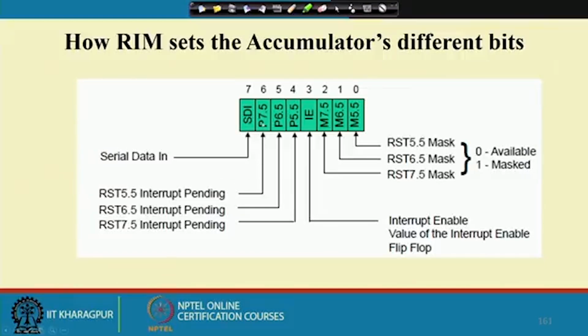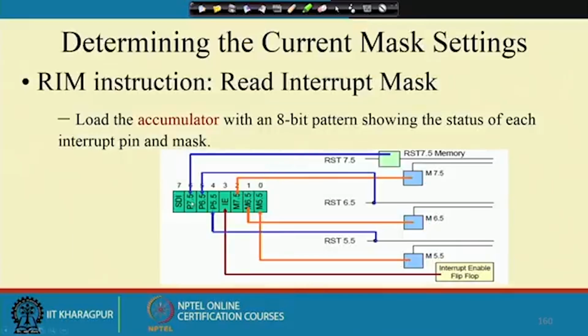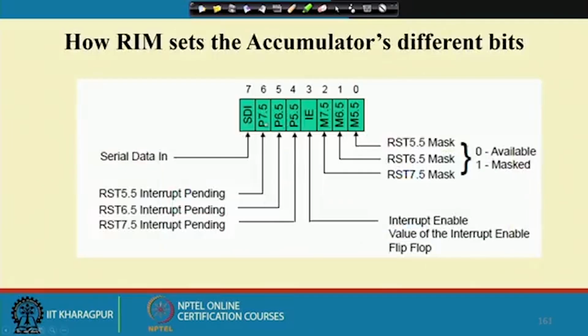This diagram is slightly off: 7.5 is at bit number 6, so this should be 7.5, not 5.5, and this should be 5.5. So, 5.5, 6.5 and 7.5 are storing the corresponding pending bits.